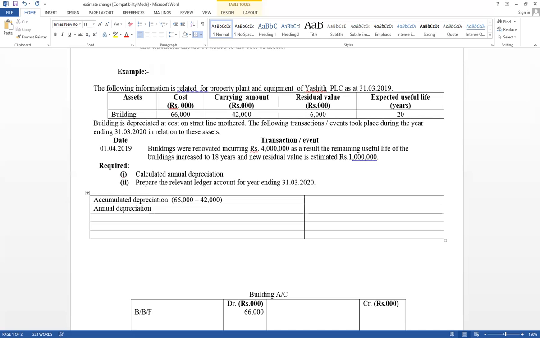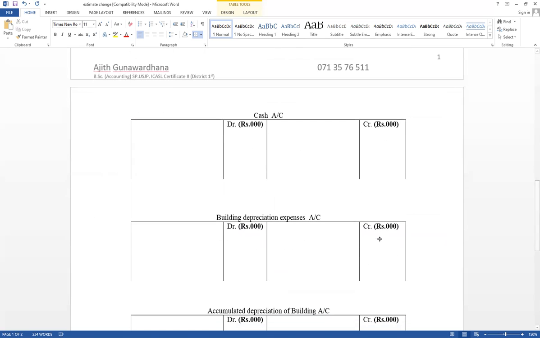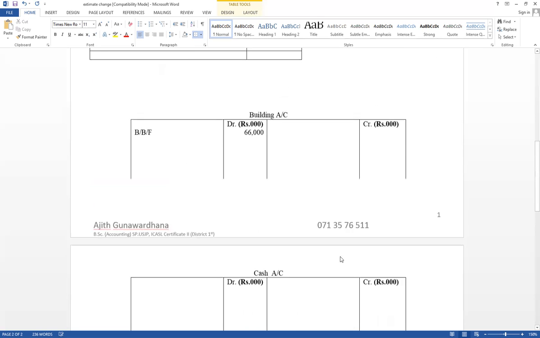Therefore, in this example, accumulated depreciation up to beginning of the year equals 24,000. That value should be included in the accumulated depreciation account as a balance brought forward. Therefore, accumulated depreciation account also as a balance brought forward 24,000, up to beginning of the year.